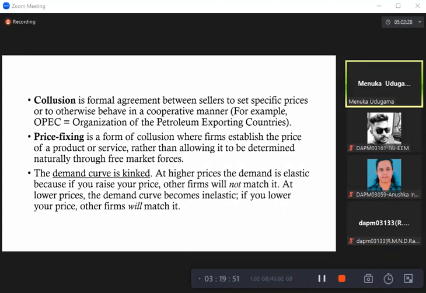Therefore, the governments would try to minimize the formation of collusion, so they don't get together and influence certain economic decisions, economic conditions. And the other thing that you would see in this type of an oligopoly is the demand curve.